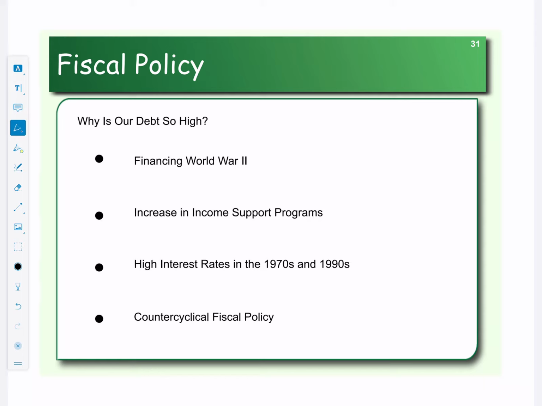Well, a big chunk of our debt comes from World War II. In fact, World War I didn't officially end until 2010. You're going, what? 2010? World War I didn't officially end until 2010, 92 years after the last gun was shot, because 2010 is when World War I was finally paid off.